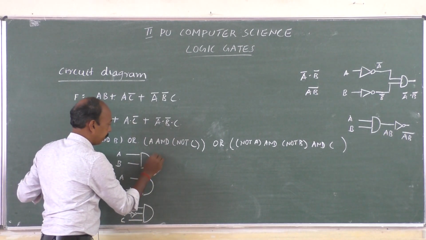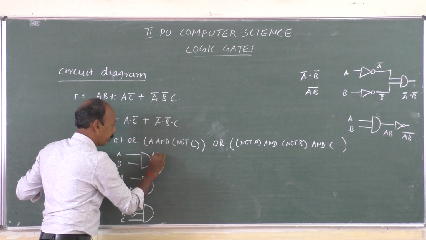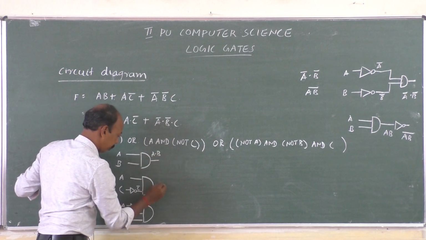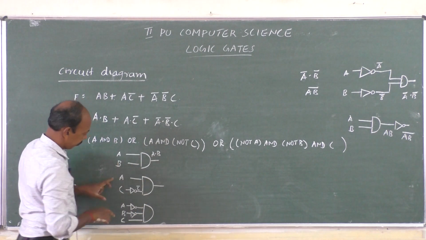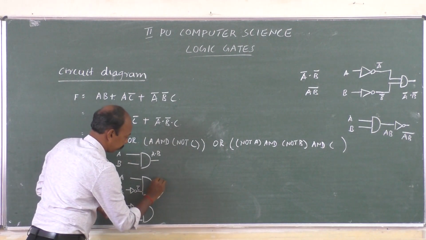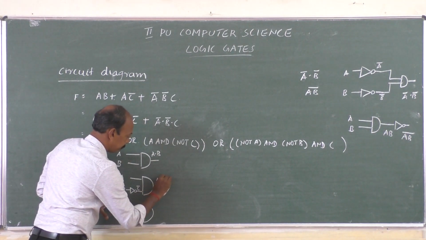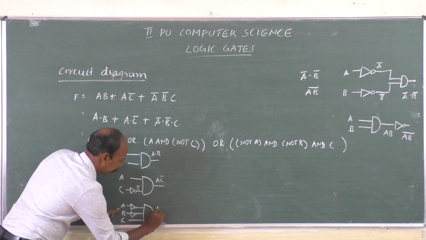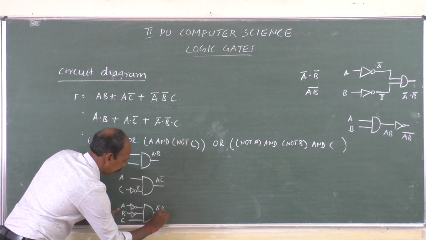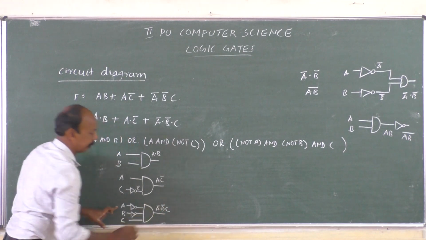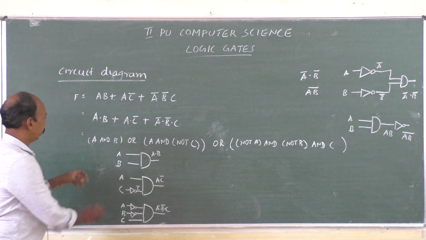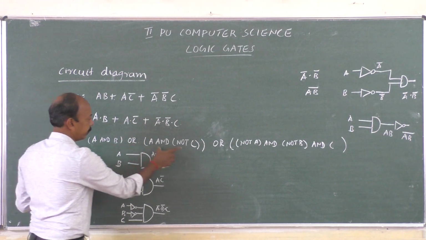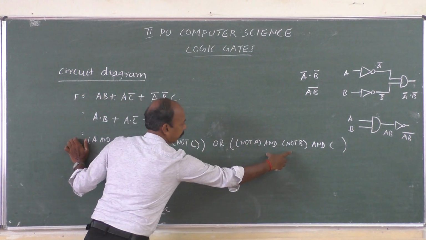Now here it will be A dot B. Here it will be A dot C bar. Here it will be A bar dot B bar dot C. So this term we have, and this term, and this term with us.